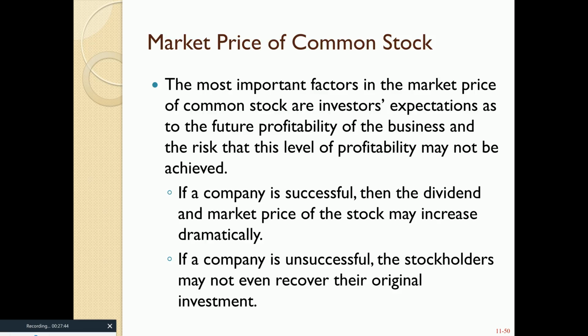For common stock, it's really the financial performance of the organization that goes a long way into setting the price. This is what Wall Street analysts do all the time. They basically try to tell their clients what a good price is to buy a certain stock. They're analyzing these companies all the time, telling their clients it's time to buy, it's time to sell, or it's time to hold on.